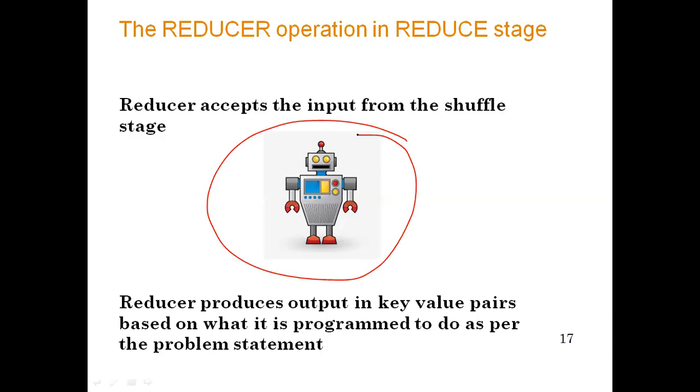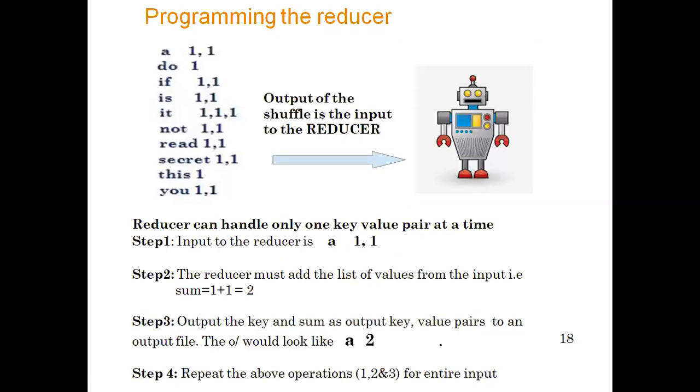We can reprogram it, and you as a programmer have to program it according to the problem statement. So the reducer produces the output in key value pairs based on what it is programmed to do as per the problem statement. So have a look.